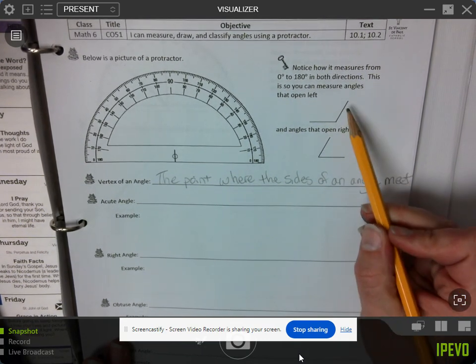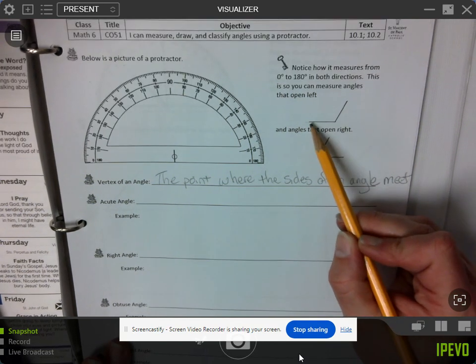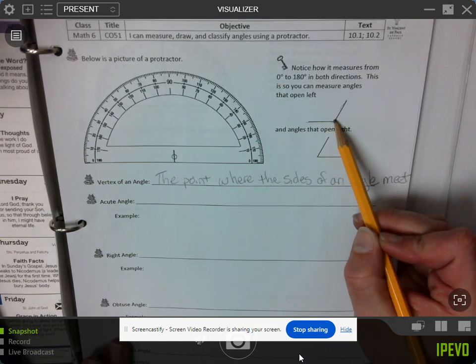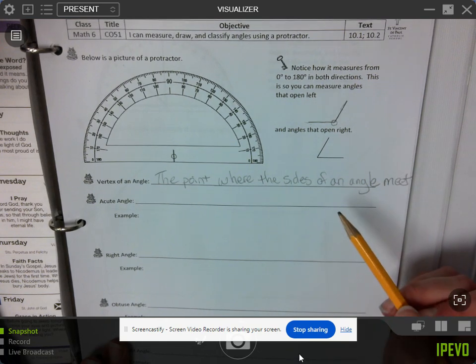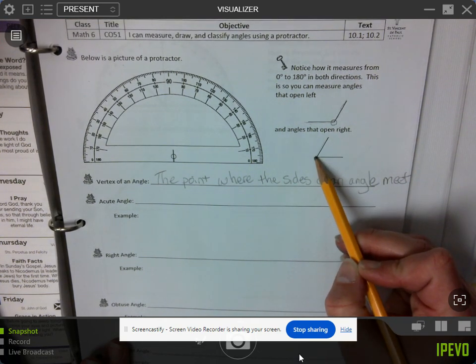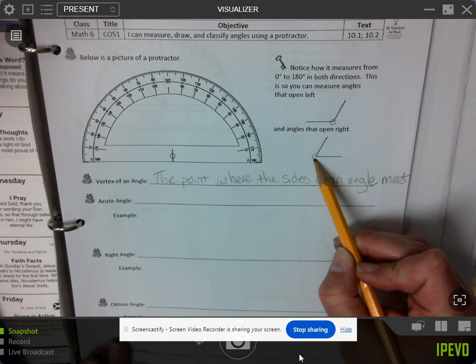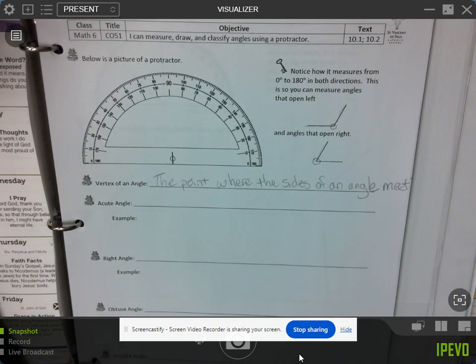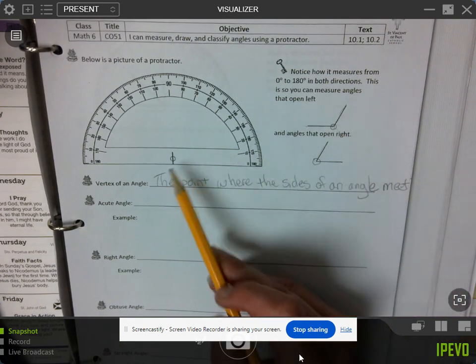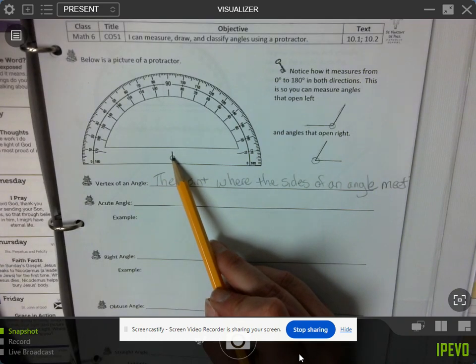So when I look at this angle here, I've got one side, I've got the other side. That vertex is where they meet. On the bottom angle, I've got one side, I've got the other side. Where they meet is my vertex. That vertex is what I put in the middle of the protractor.